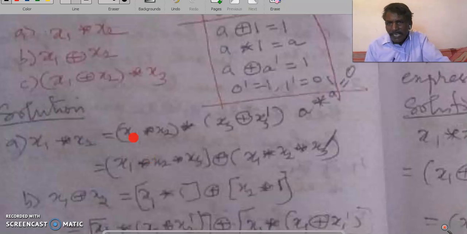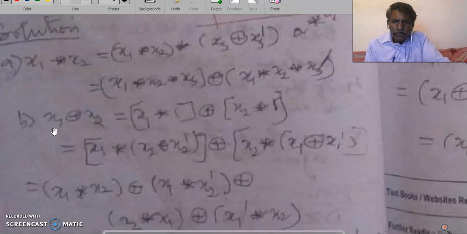Now let us take the second Boolean expression, which is x1 join x2. This x1 join x2 can be written as x1 meet 1 join x2 meet 1, because x1 meet 1 is x1 and x2 meet 1 is x2, so we get the same expression.